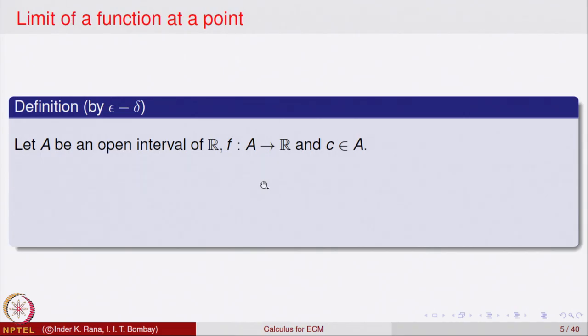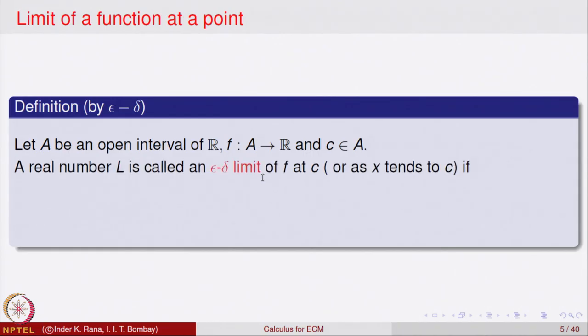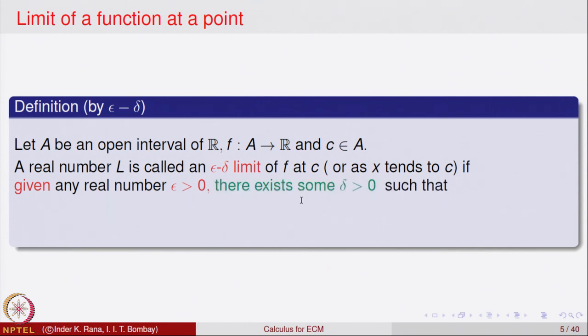It may or may not be defined at that point C. So, to be more specific, we say the epsilon delta limit of f at C exists if the following happens. Given any real number epsilon bigger than 0, there exists some delta bigger than 0 such that x minus C bigger than 0 and less than delta implies f x minus L is less than epsilon.